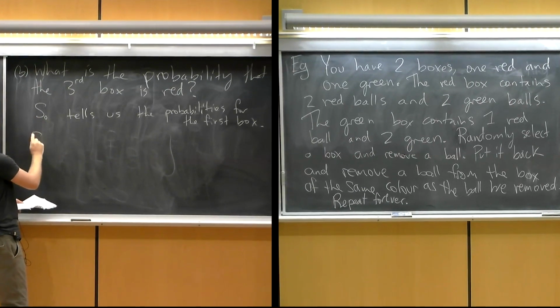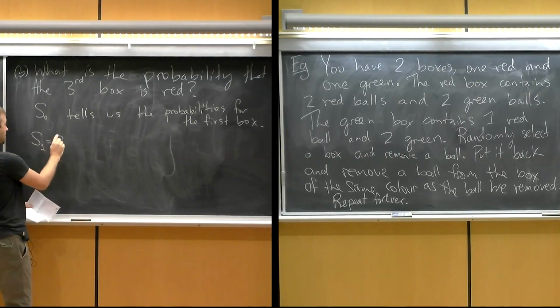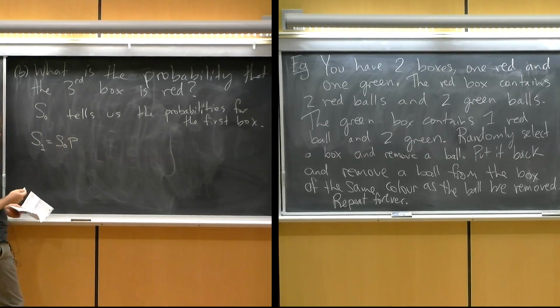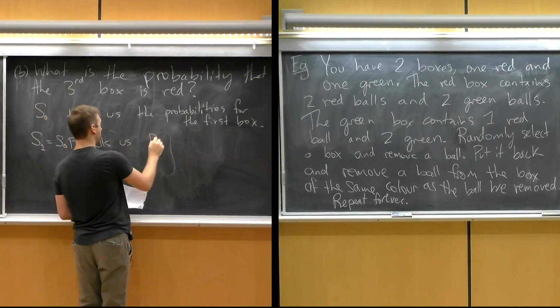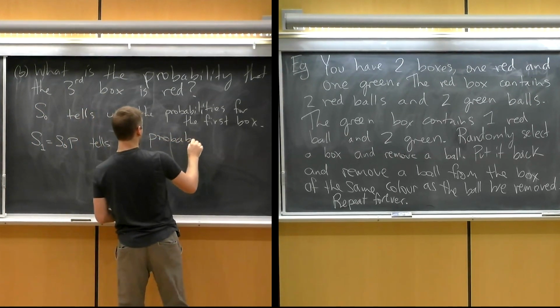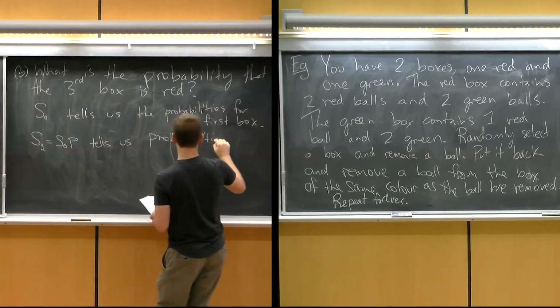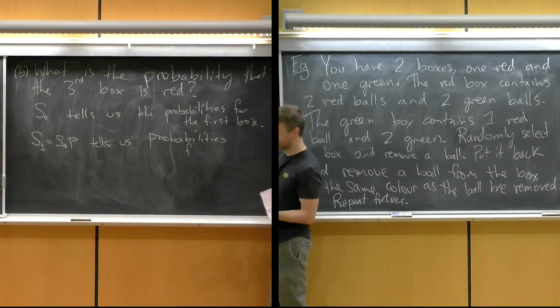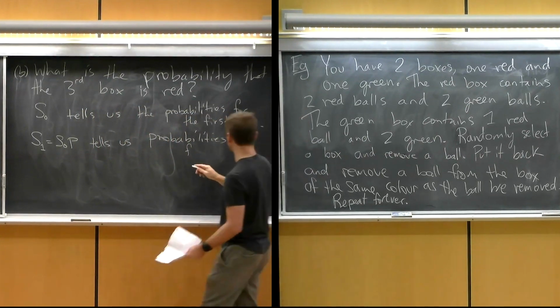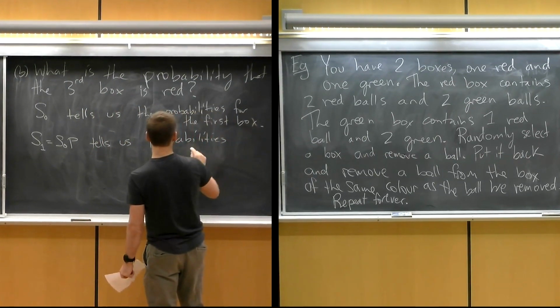So if I take S1, which is S0 times P, this tells us the probabilities. If you're doing this, you wouldn't have to write all of this, but this is just to explain what's going on.